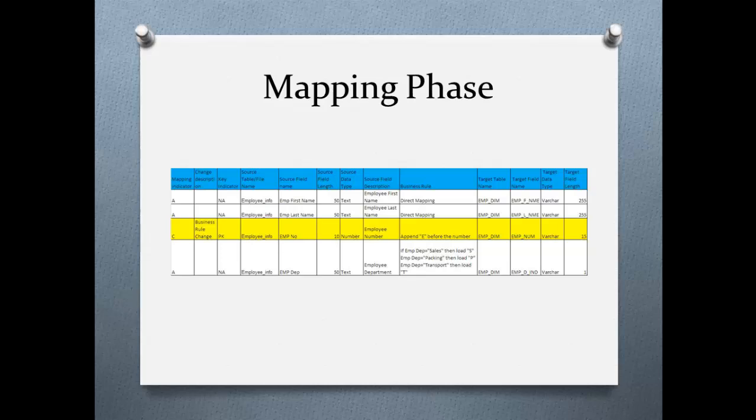In the mapping phase, based on the business requirement doc designed by the business analyst, and the data model from the modeler, the mapping analyst designs a mapping doc, or low level design document. It's mostly called the mapping doc, and it's like the Bible for the code developer.